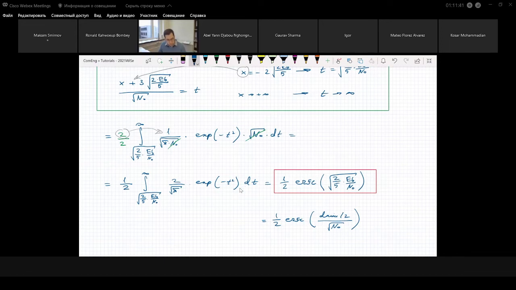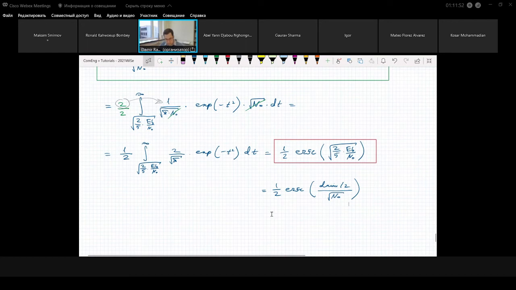Okay, now we have the symbol error rate as a function of EB by using the complementary error function and so on. So it solves F and G all together. And then we come to part H.